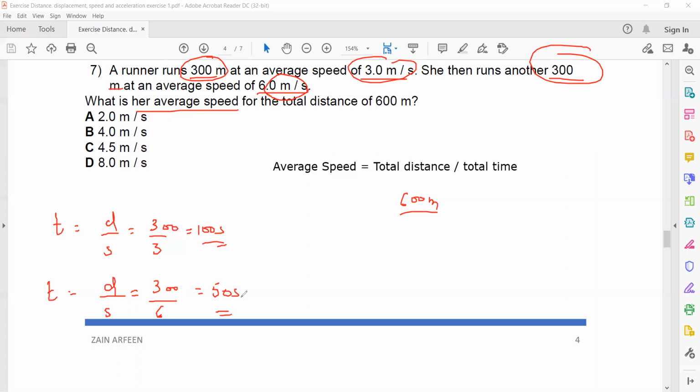The first 300 meters took 100 seconds and the remaining 300 meters took 50 seconds, so the total time to complete the journey is 150 seconds. And 600 divided by 150 is 4 meters per second. That's why B is the right answer.